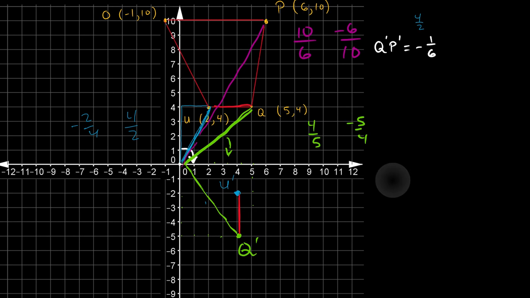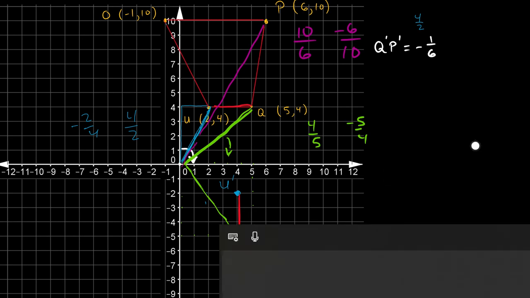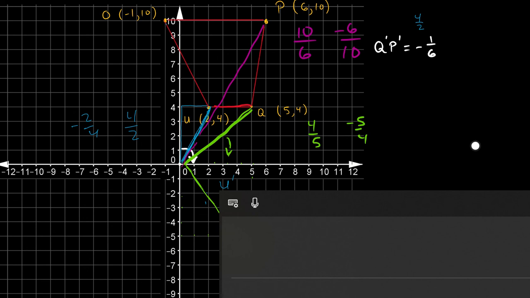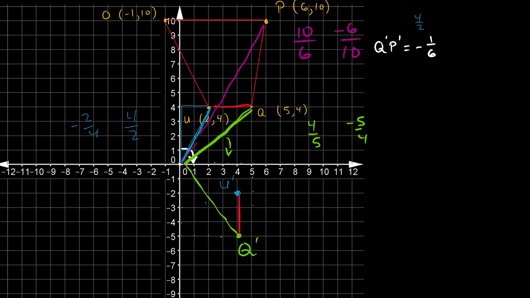So I'll go down 6, oops, and then over 10 units. So I'm right here. And this now should be the point P prime. And then the last thing I've got to figure out is where O goes.